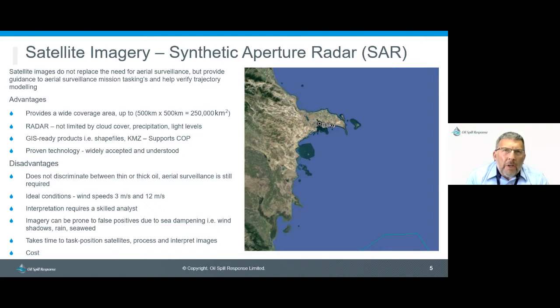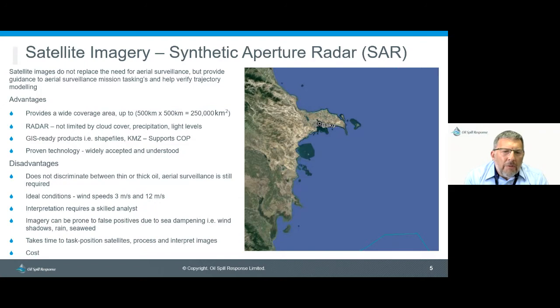When we task the satellite, it needs to get in position. It needs to be able to process that and interpret the images. So we need a trained operator to do that, and they produce a report, which I'll show you in a minute, which gives a confidence rating in whether there's oil at sea.